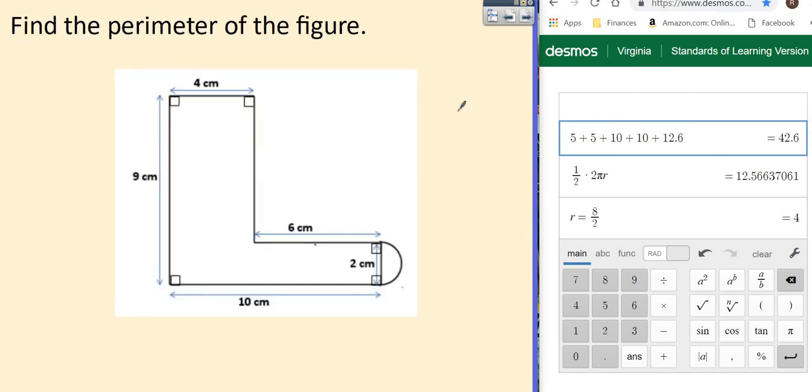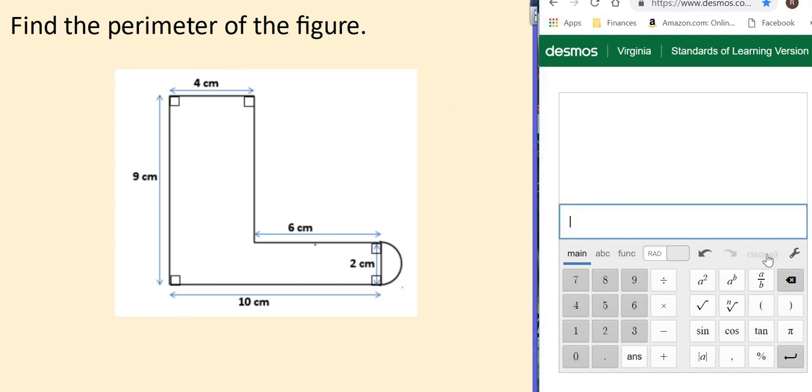Okay, find the perimeter of this figure. Again, we've got all of the sides given except for one, actually 2. This one here, you would do 9 minus 2, which is 7. But now we've added on a semicircle.